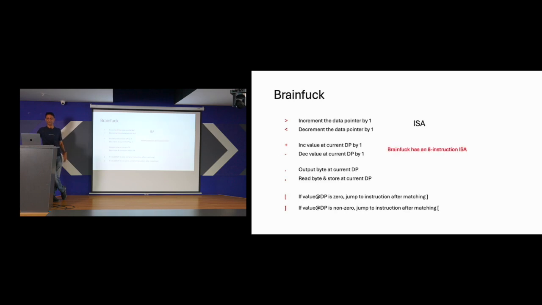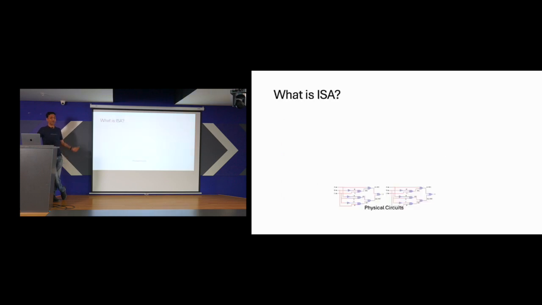All right. So what is an ISA? At the most basic level, what do we see? Physical circuits, right? In any computing machinery. It could be a physical circuit of the electronic form, or the mechanical rotating gear kind of thing that used to be there before semiconductors became a thing. But some physical circuit.